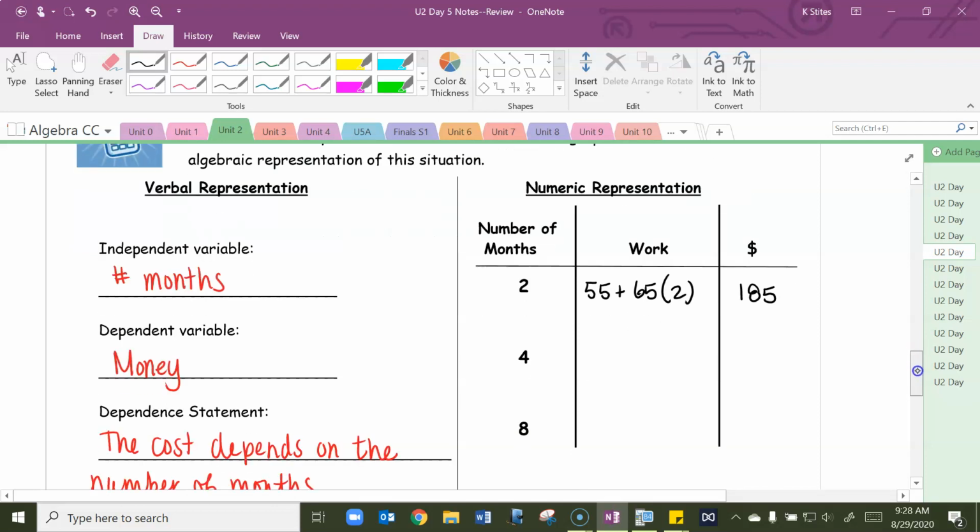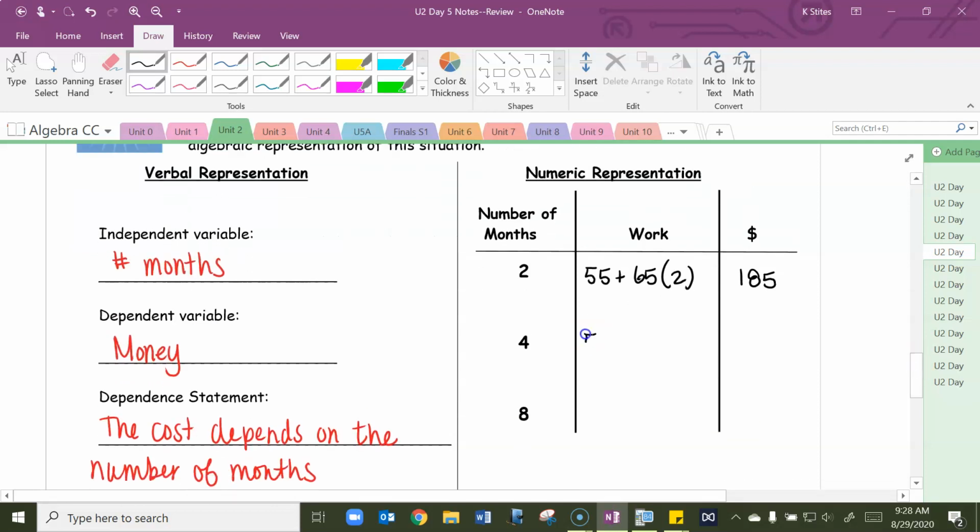It's $185. Okay, again, $55 sign-up fee plus $65, this time for 4 months. And that is $315. And $55 plus $65 a month for 8 months. And that is $575.